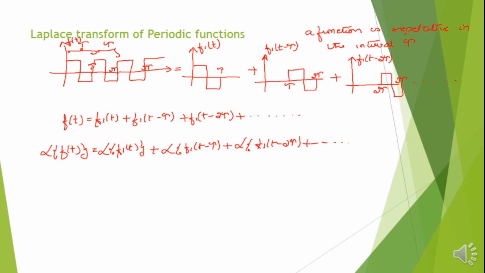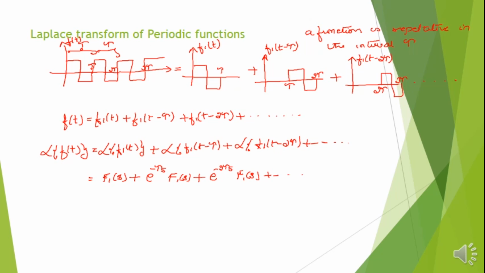Now suppose the Laplace transform of f1 of t is equal to F1 of s. Then what happens to the Laplace transform of f1 of t minus tau? Based on the second shifting theorem, it becomes e to the power minus tau s into F1 of s. This becomes e to the power minus 2 tau s F1 of s, and so on.